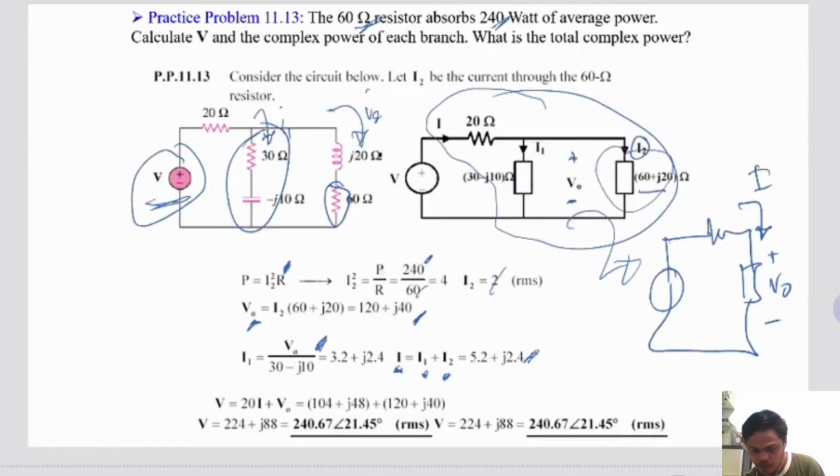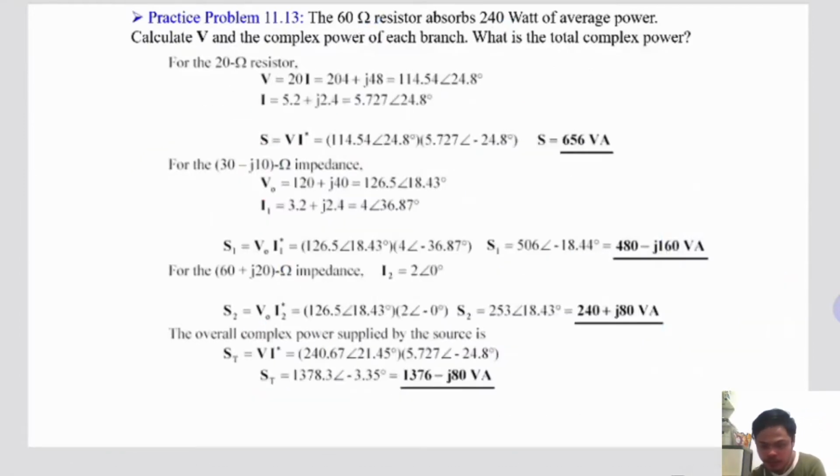Therefore our V can be solved using KVL. You have 20I plus VO. So V is equivalent to 240 angle 21.45 RMS.